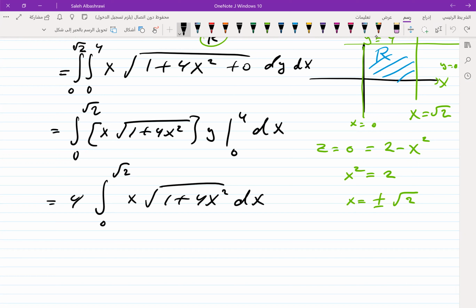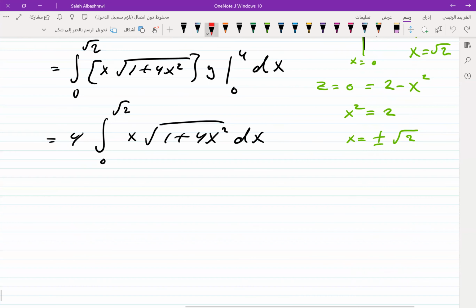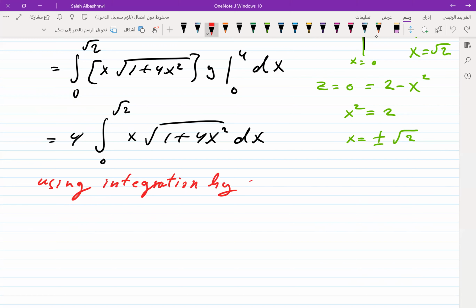Now we can do this by integration by substitution. Let u equal to 1 plus 4x squared.